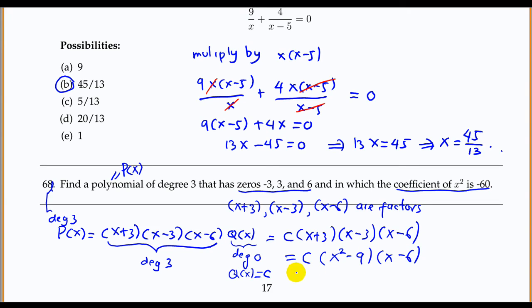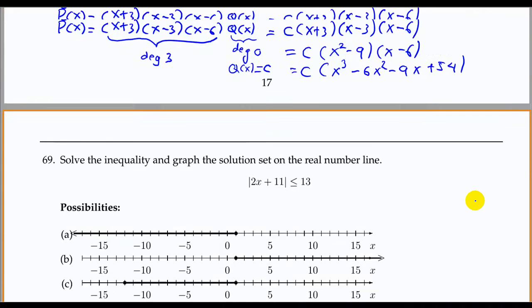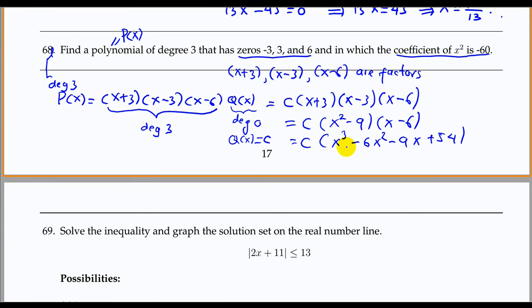Now if we FOIL that, we have c times (x cubed minus 6x squared minus 9x plus 54). So then the coefficient of x squared in this expression is c times negative 6.